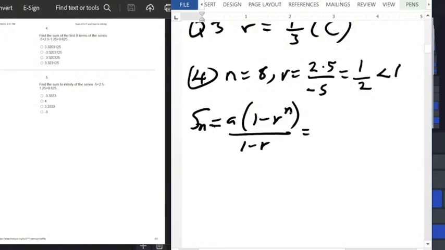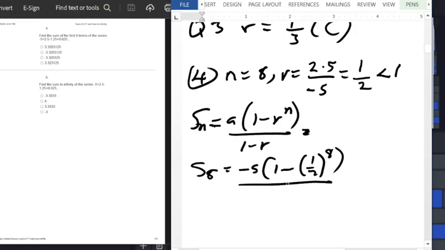So S8 equals first term, which is given as minus 5, open bracket, 1 minus common ratio, that is half raised to power n, 8, all over 1 minus common ratio. The common ratio is minus half, from there, that is 2.5 divided by minus 5.